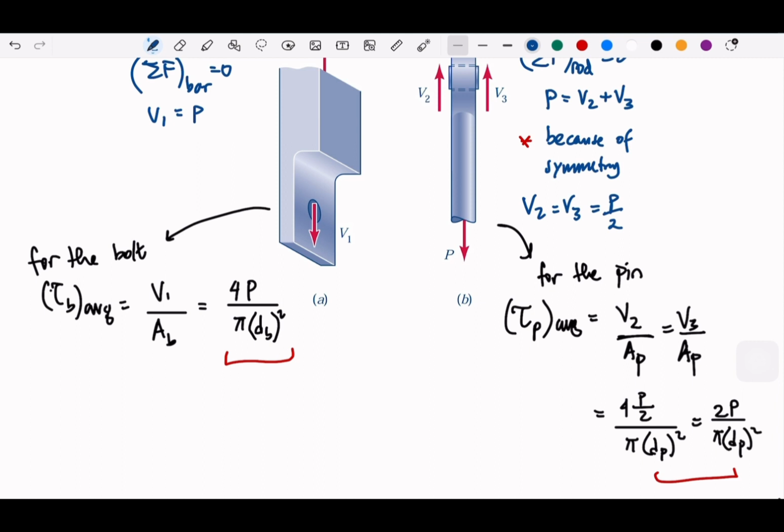Or if you want to use the diameter for single shear, and for the double shear, the tau will be P over 2 pi r squared, if you want to use the radius.